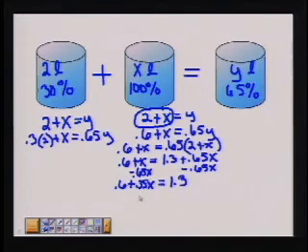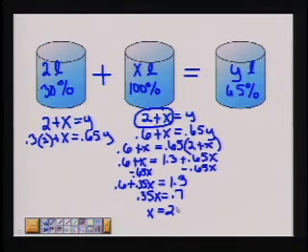Now I can subtract 0.6 from each side, and I get 0.35x equals 0.7. Divide both sides by 0.35, and you'll probably want to do this in your calculator. 0.7 divided by 0.35 equals 2. That's the x coordinate for my system.